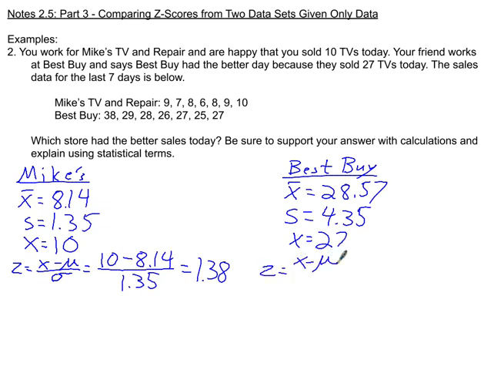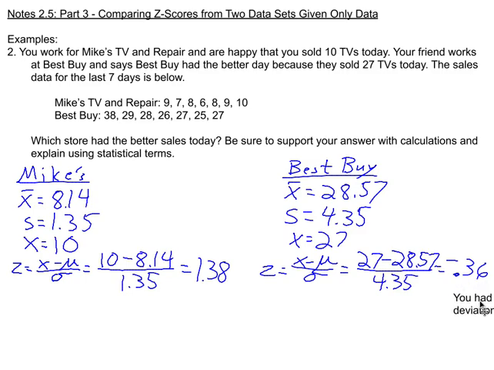So we'll find the z-score of Best Buy selling 27 TVs in one day. We take 27 minus the mean of 28.57 divided by the standard deviation of 4.35, and we get a z-score of negative 0.36. Even though Best Buy sold more TVs than Mike's TV and Repair, Best Buy still had a day that was less than average for them.